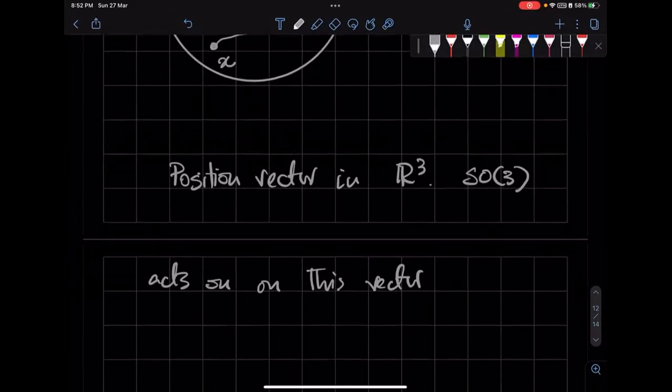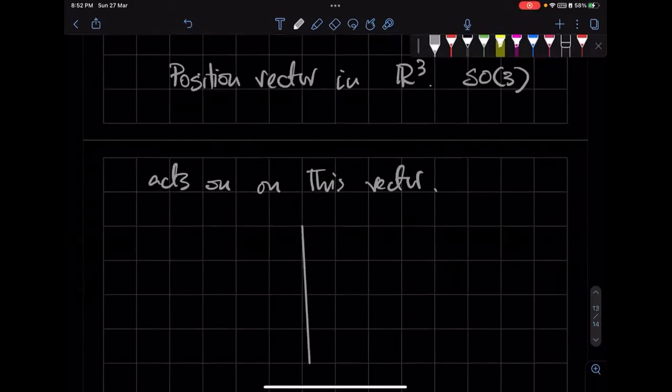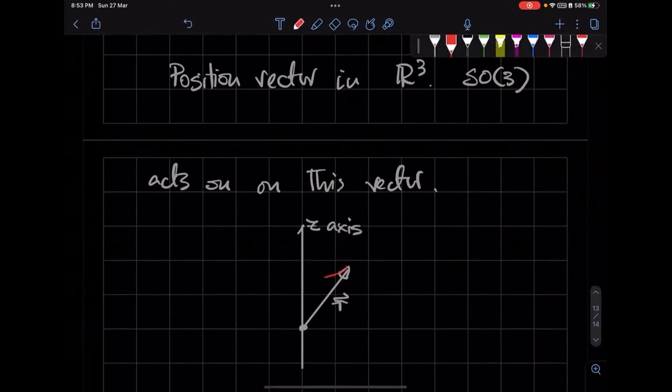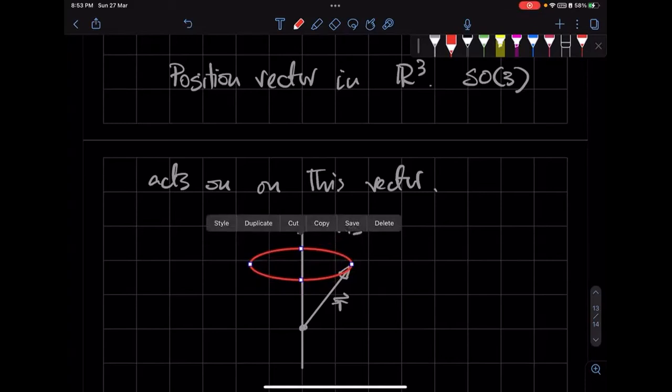Or suppose we look at this point. This is my origin, and this is the vector, and this is, say, the z-axis. And I apply rotation about the z-axis, right? Then what I find is that the vector will just trace out a circle, right? So this is an example of an orbit of a group action.